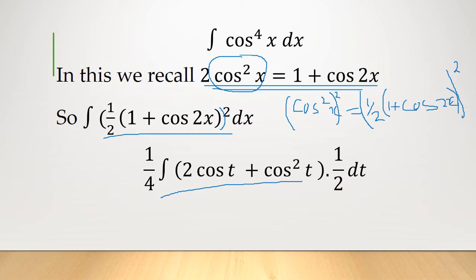That means if I want to get cos to the power 4, I'll square this, and indeed I'll square this too. That's the reason we are having this scenario here, with a bracket for the whole of that.